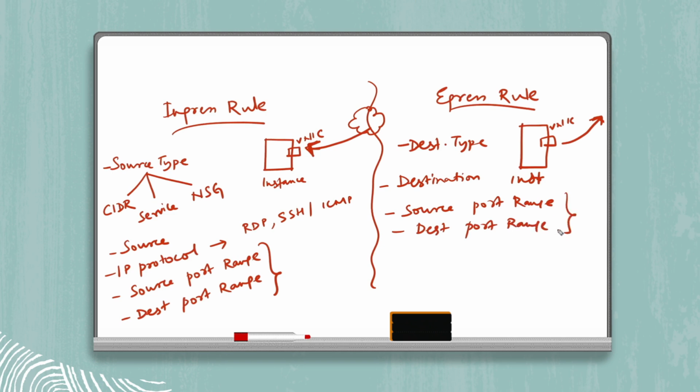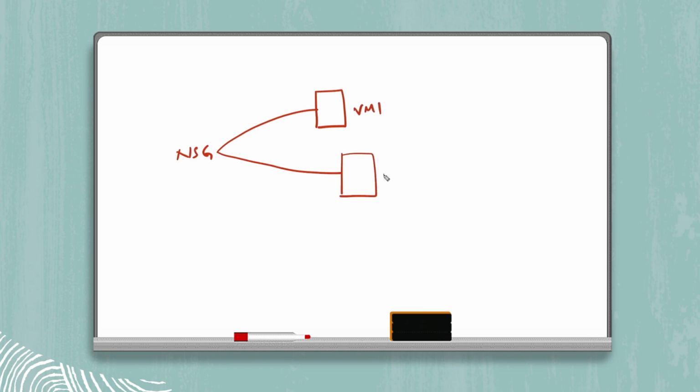These are again optional. So this is how you can define ingress and egress rules for a network security group. And after you configure these rules, let's say this is your NSG, then you can decide to which all instances or which all VNICs you want to apply that NSG to or associate that NSG to.